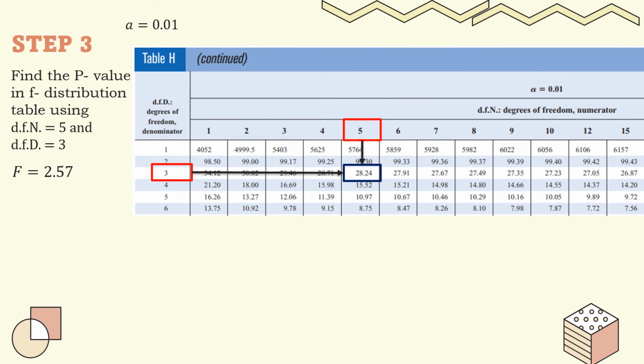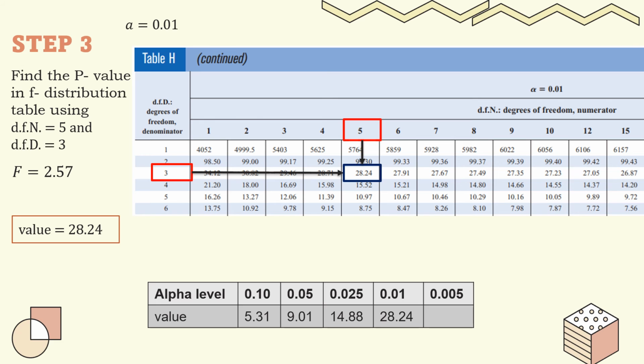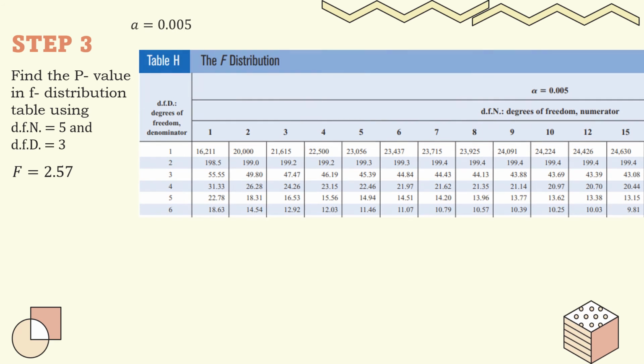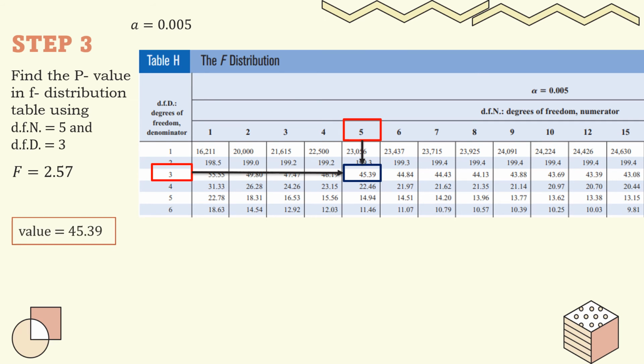For our table at alpha 0.01, the intersection of our degrees of freedom numerator and the denominator is 28.24. And last, at table H, at alpha 0.005, the intersection of our degrees of freedom is 45.39.